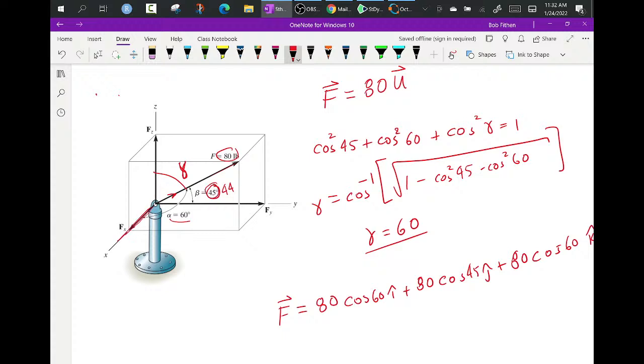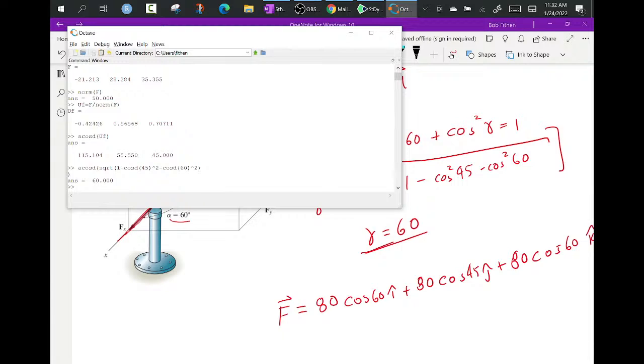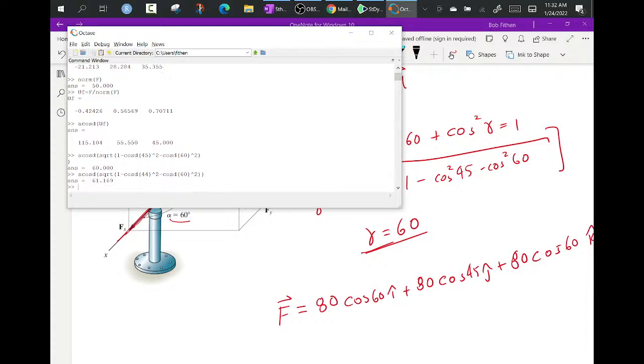If I drew it back, how does it affect that? Instead of 45, somebody's going to tell me that needs to be 44. So what happens then? In fact, this angle picks up.